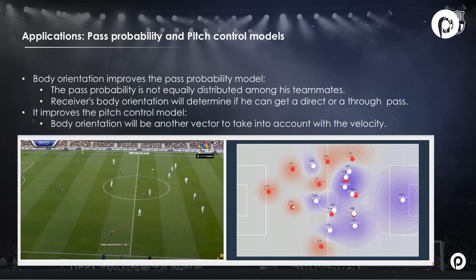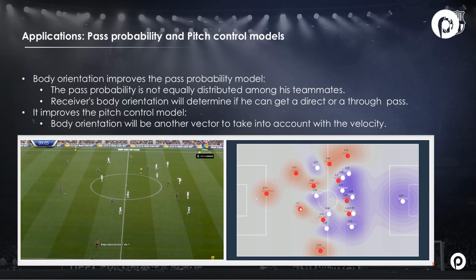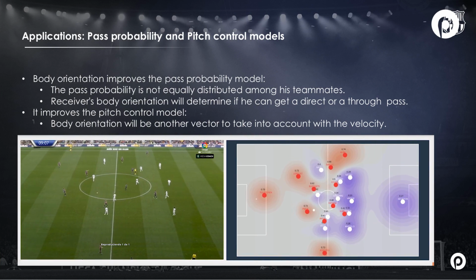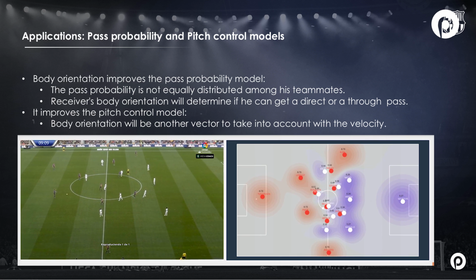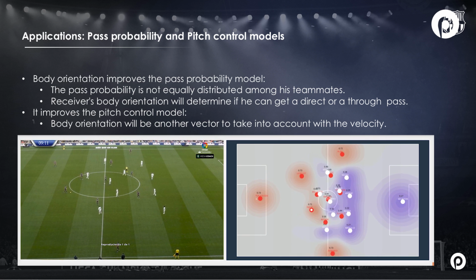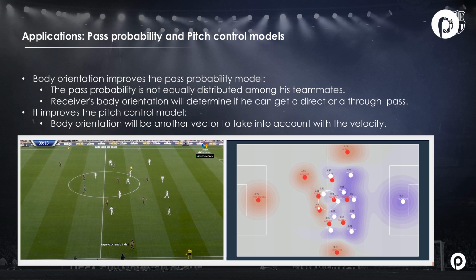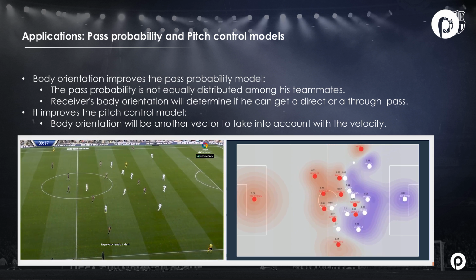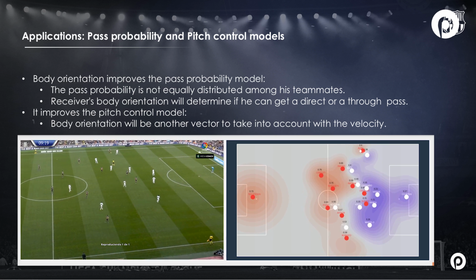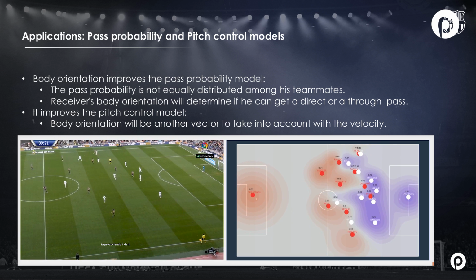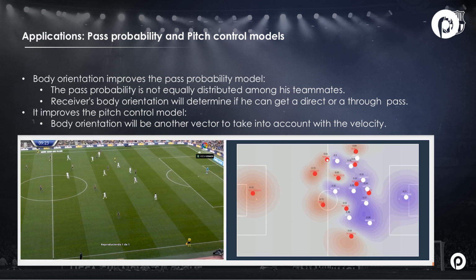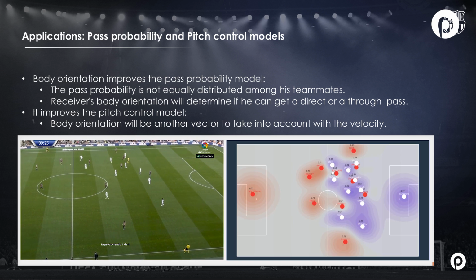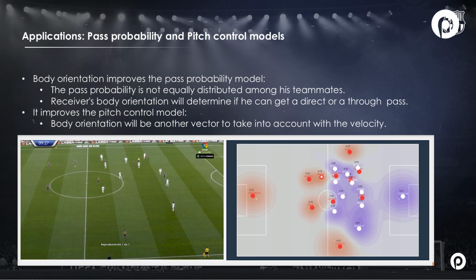Another application of body orientation is, for example, pass probability. It could improve in two ways. The first way is that the player that has the ball can pass everywhere, as it is now. It just can pass where he's looking at, or if it's backward, with the heel or something like that.